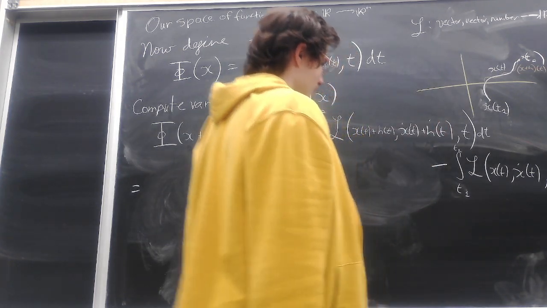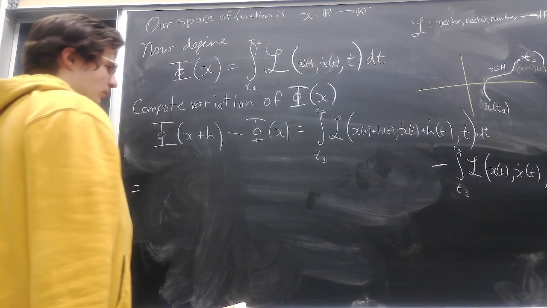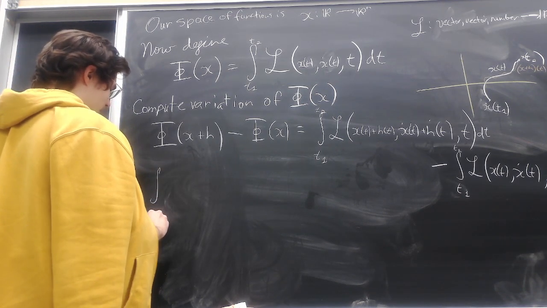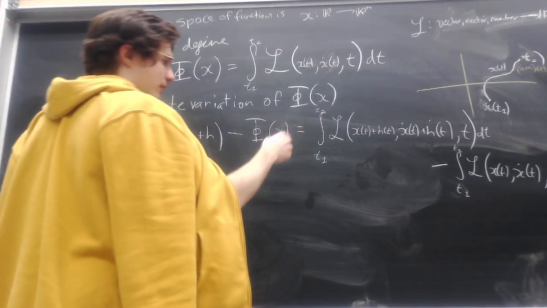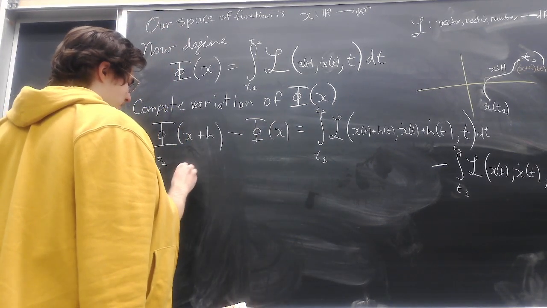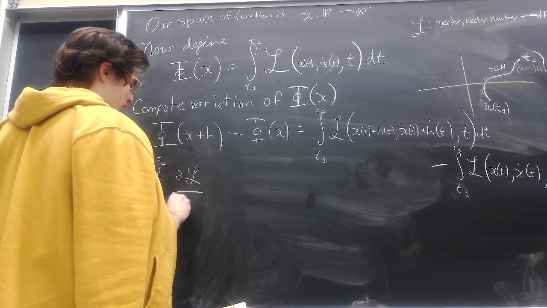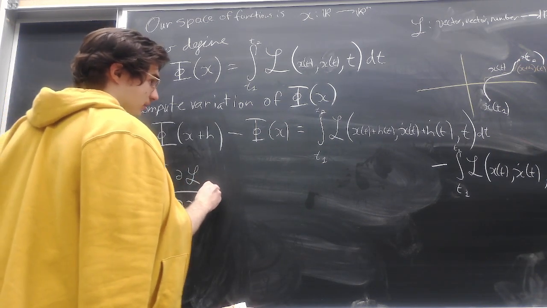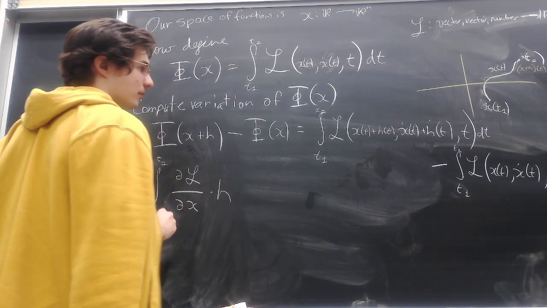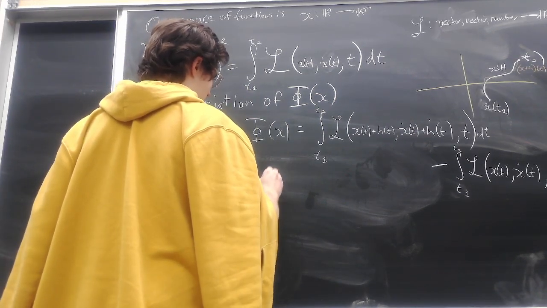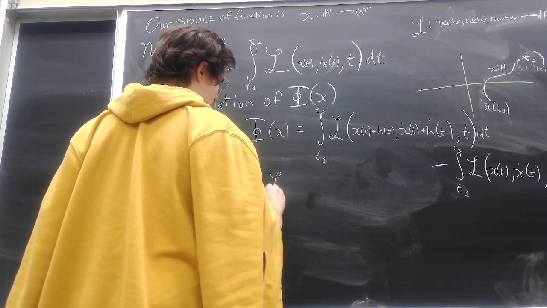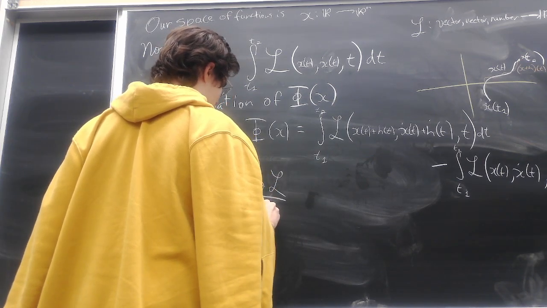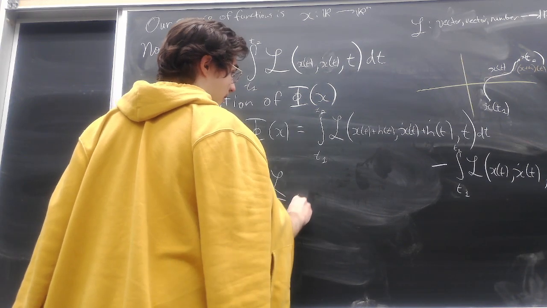Okay. So this is going to be what? We'll write it in a very suggestive way. I have t1 to t2. So this difference should be the derivative of L with respect to x times h, plus the derivative of L with respect to x dot times h.